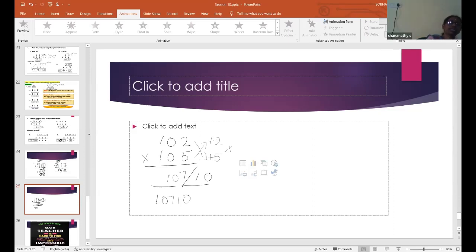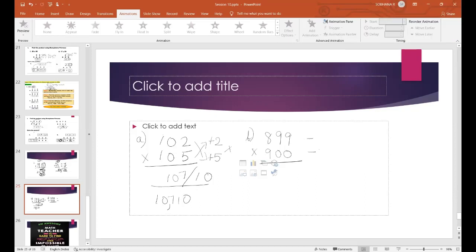Let's do one sum next to it as below base so that they will understand it better. Sorry, I'll make it as 899. Make it as 899 into 900. Let's do that, a difficult one. So now teachers, can you tell me, is it above base or below base?